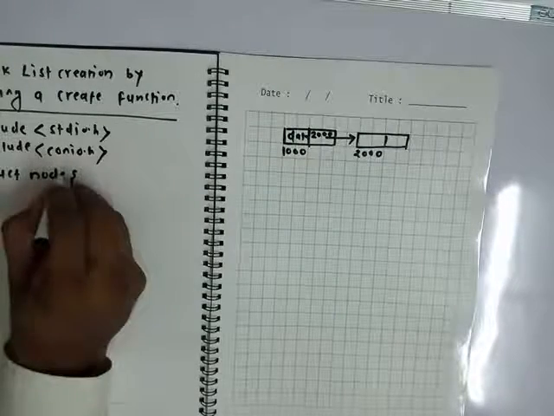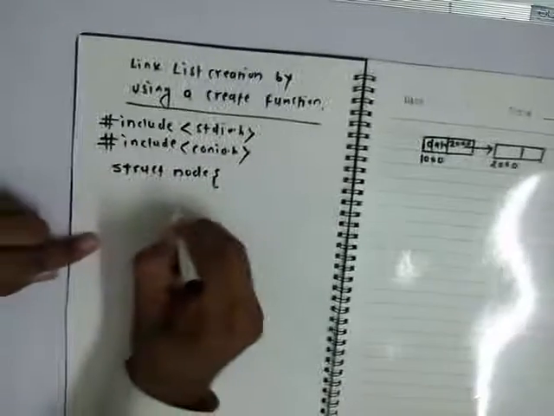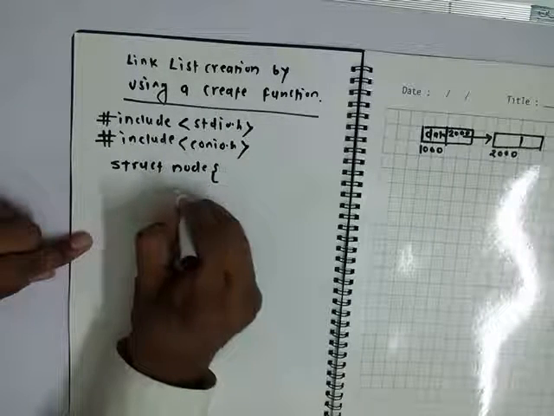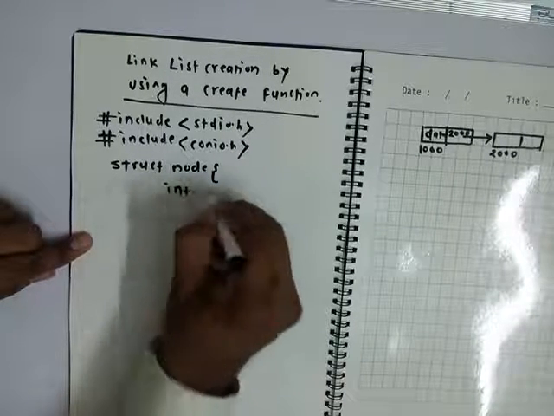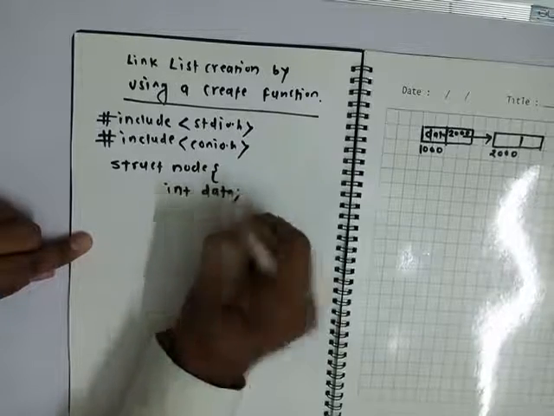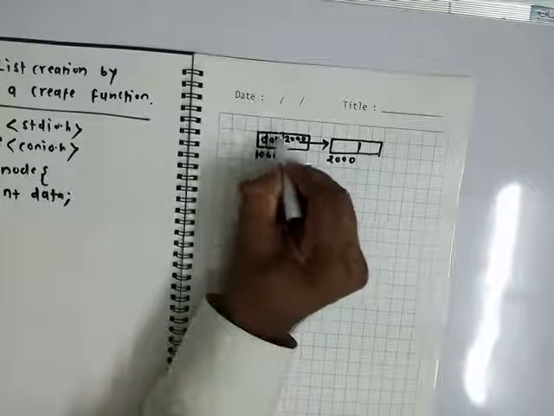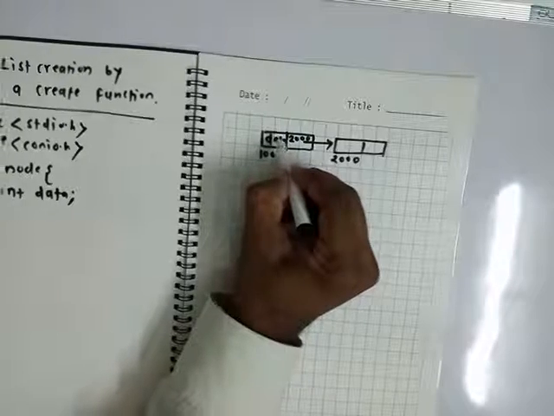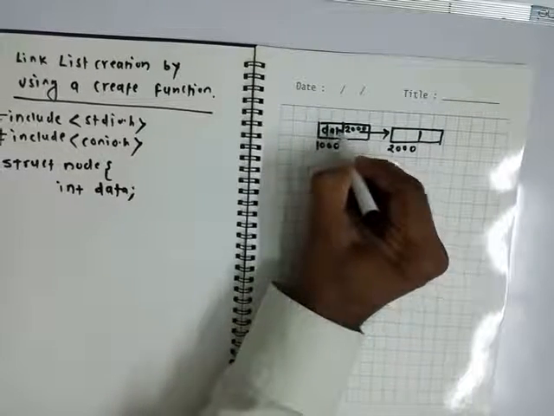So in order to create such a node, we'll need this kind of structure. Two parts, as I said: int data for simplicity. The first part is the data part. You can store as complex data as you want here, right? But for simplicity, you are storing an integer value here.